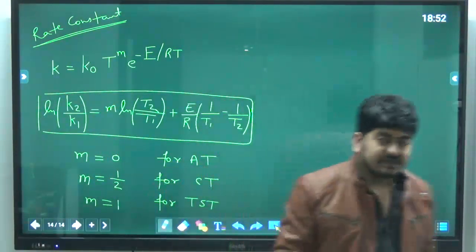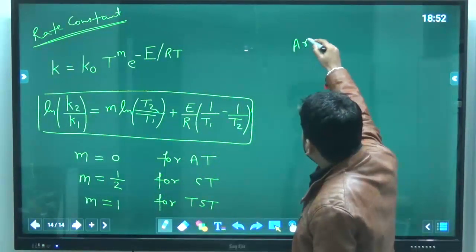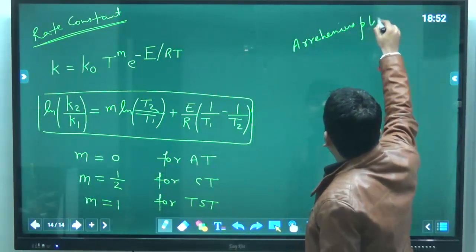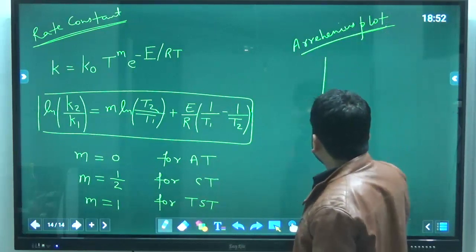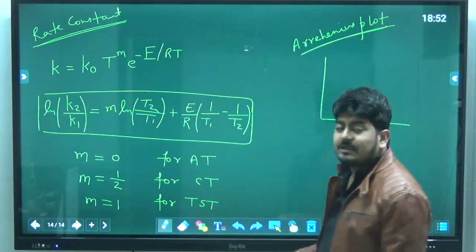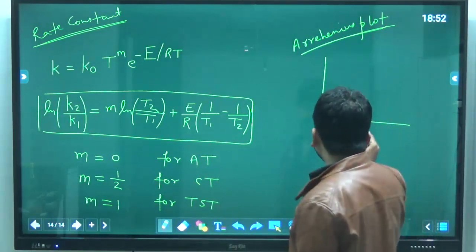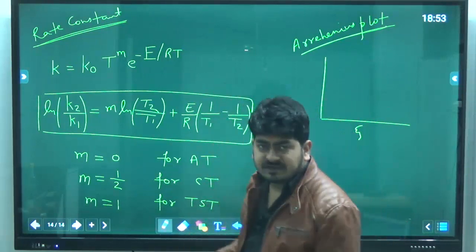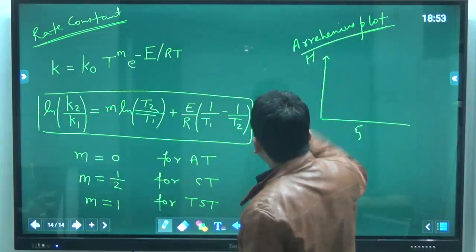What is activation energy? For that we have to see the Arrhenius plot. What is the Arrhenius plot? It is the curve between enthalpy versus reaction path. Reaction path means extent of reaction or the reaction coordinate, which we have already discussed in solution thermodynamics. On the axis we have the enthalpies.